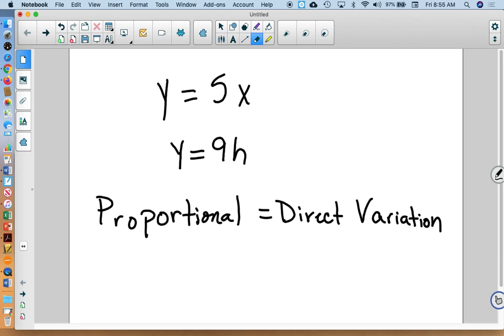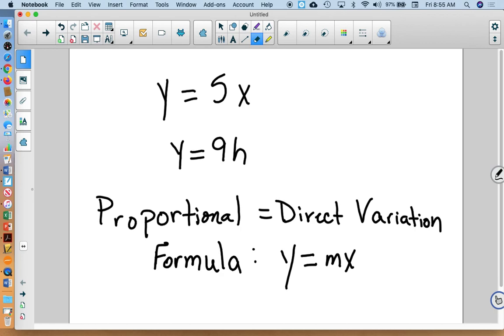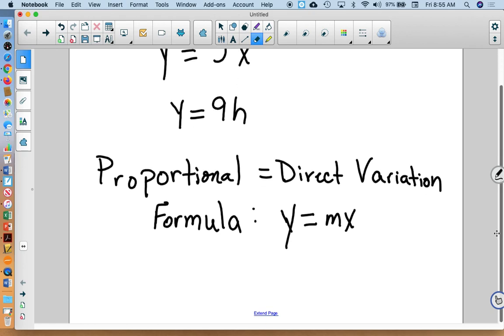By definition, what direct variation is, we know the formula. This you want on that is nothing more than y equals mx. The formula is important to you. You want to make sure that on direct variation you have the formula written down.